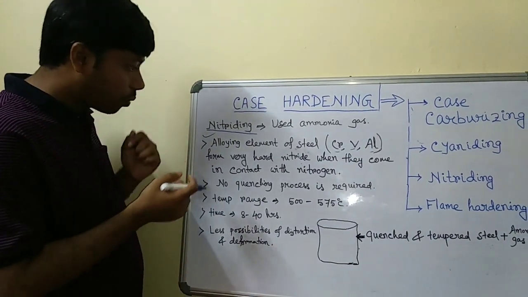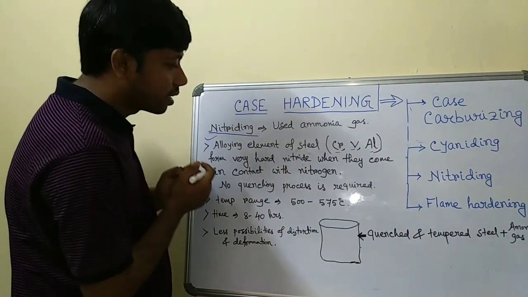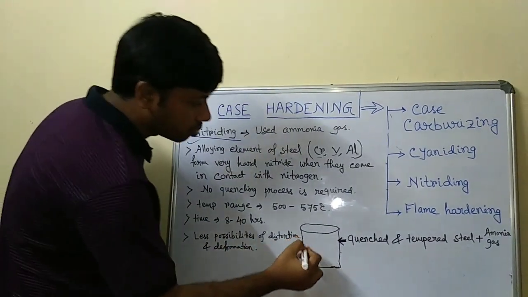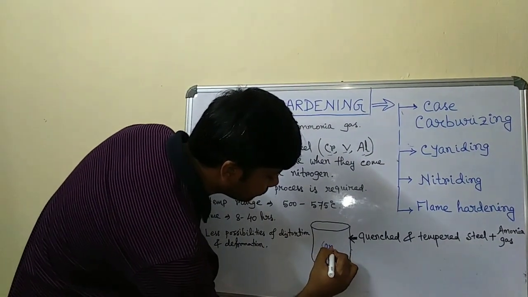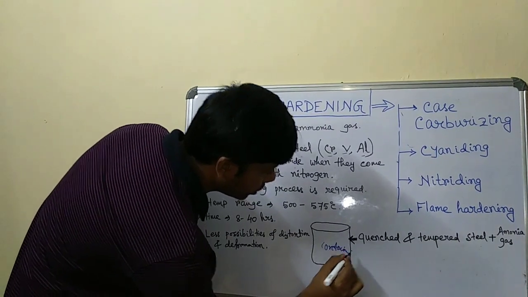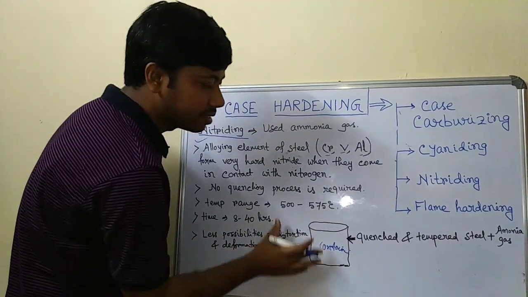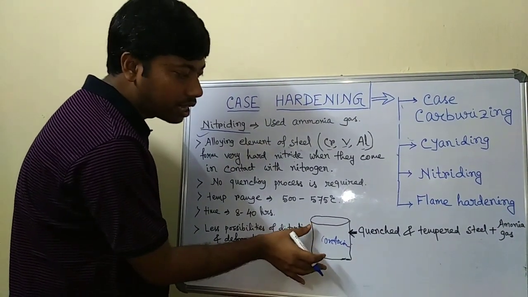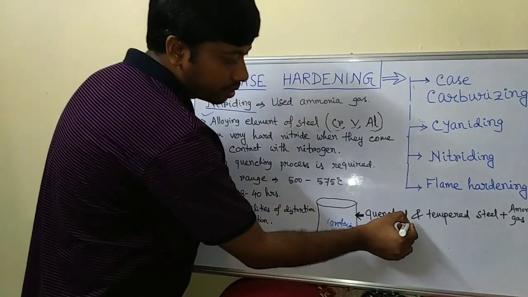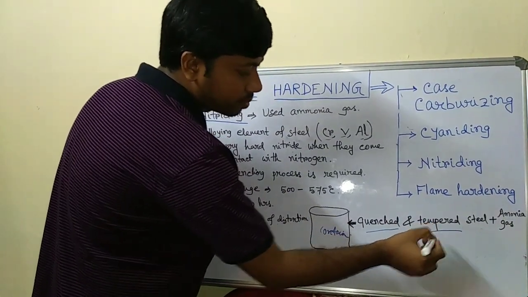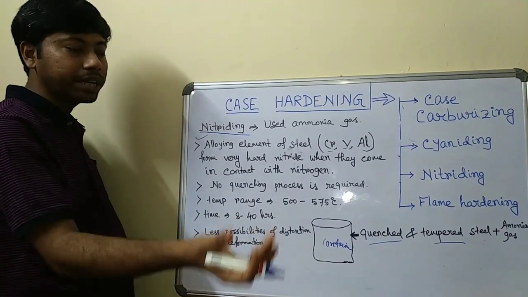Okay. Now, what is the process for nitriding? Suppose this is a container in which the ammonia gas is contained. As you know, there are the quenching and tempering processes. After quenching and tempering, the steel is called quenched and tempered steel.